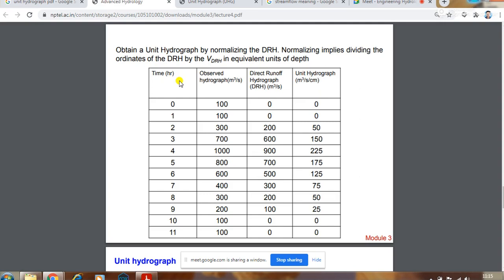In the third column there is a value of 200. If you divide it by 4, it gives you 50, which is the unit hydrograph value corresponding to the direct runoff hydrograph of 200. Then there is a value of 600 at the 3 hour duration. 600 divided by 4 gives you 150, that is your unit hydrograph. Similarly, 900 by 4 is 225, 700 by 4 is 175. This is how you have obtained the different values of the unit hydrograph.